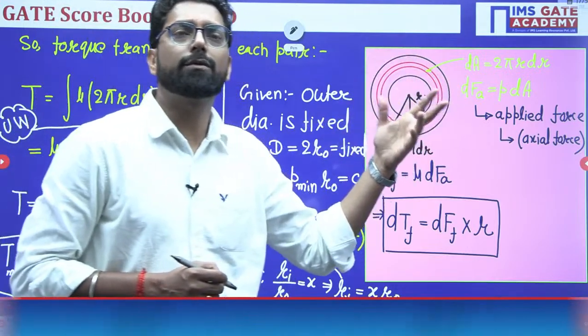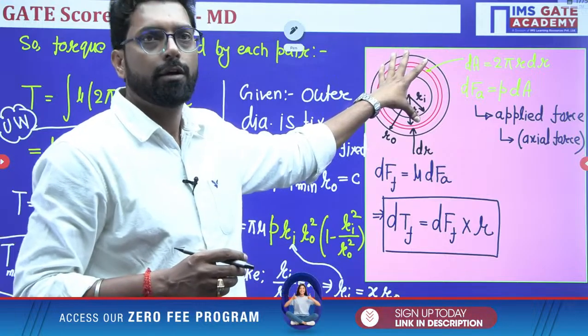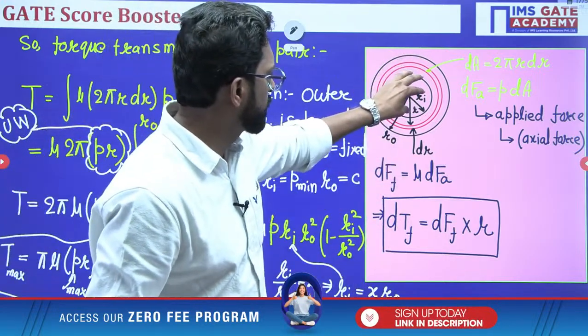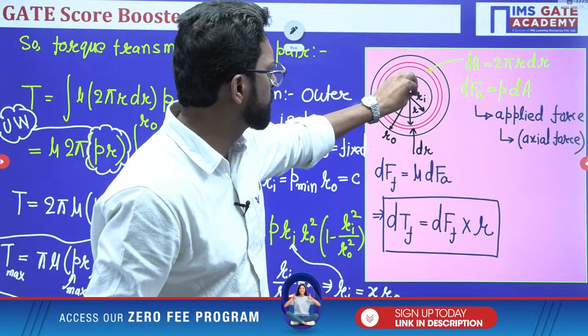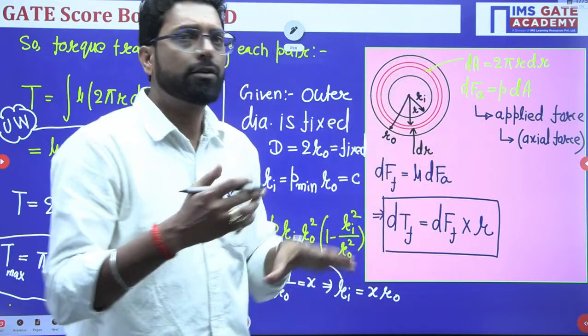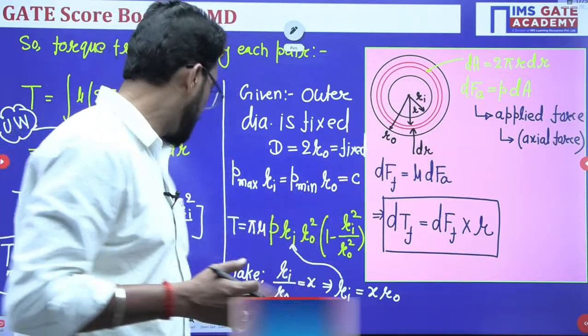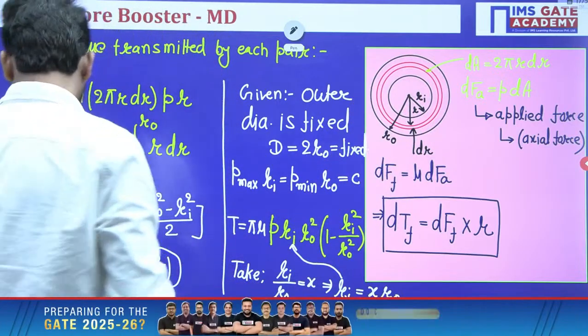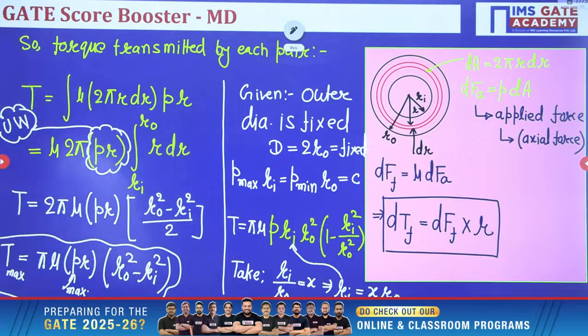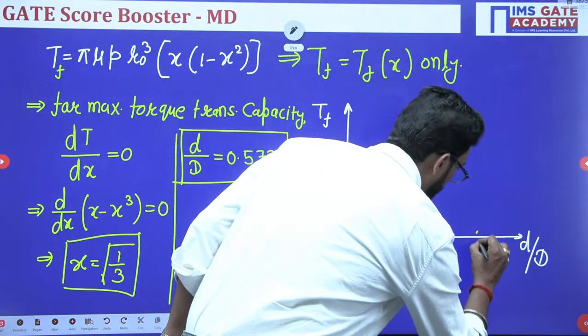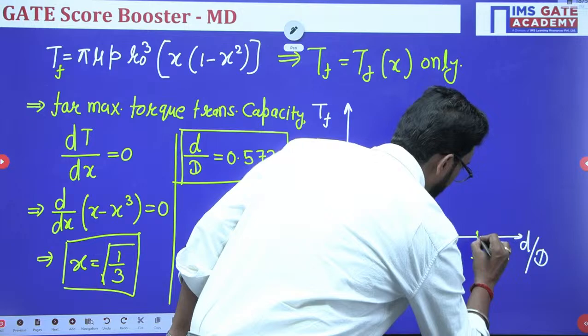D by D equal to 1 means the smaller diameter is equal to the bigger diameter, so there is no friction lining. If the smaller diameter is equal to the capital diameter, no torque will be transmitted. Again it is 0. Yes or not?